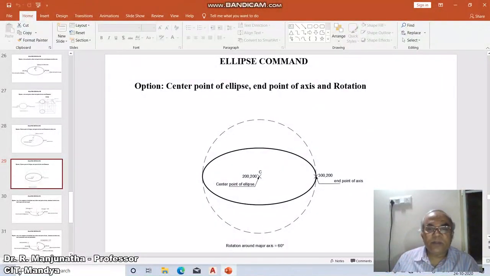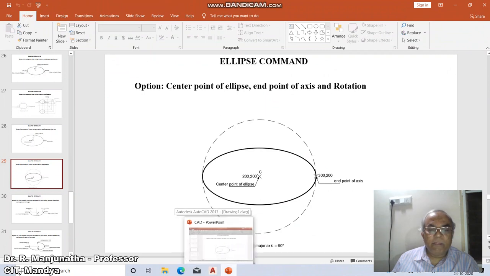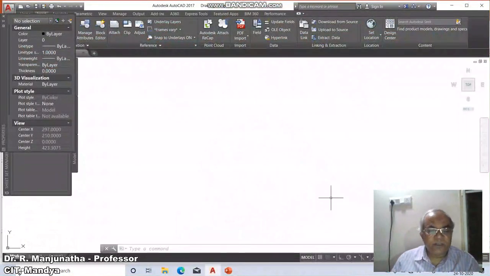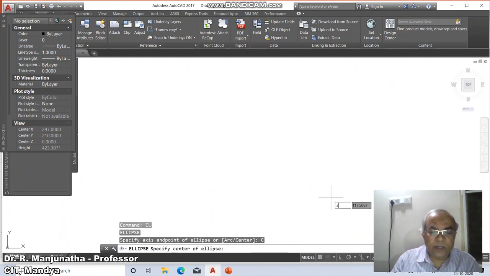Again, by the same concept, with reference to the rotation. Once we want to show the rotation, again the center of the ellipse is 200, 200 and 300, 200. Now how will the rotation be used? Coming back to this, the command is ellipse. Now we are going to take center. Center of the ellipse is 200, 200.